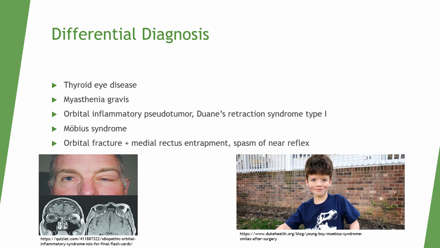And spasm of the near reflex can occur with them as well. The orbital inflammatory pseudotumor, which causes increase in the intracranial pressure, and Duane's retraction syndrome can lead to the inability of the full abduction of the affected eye.